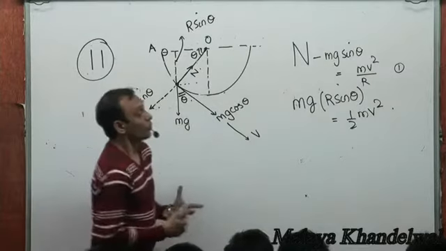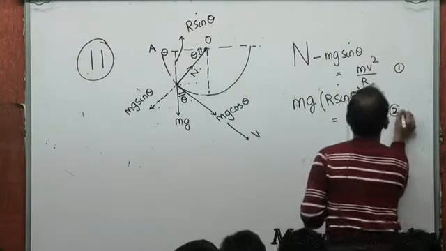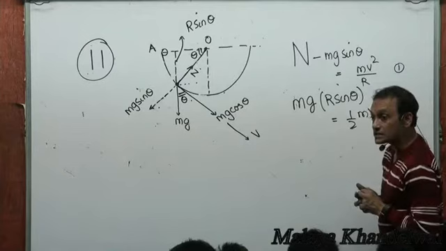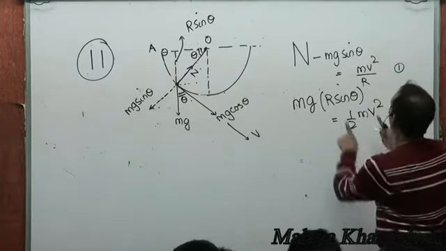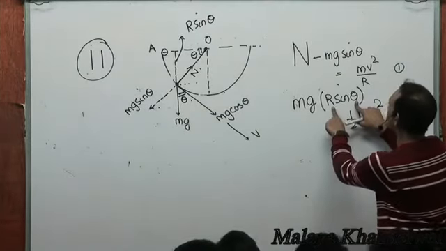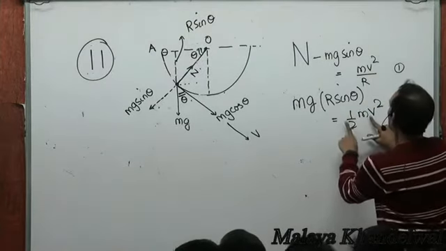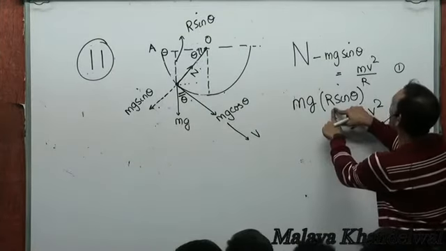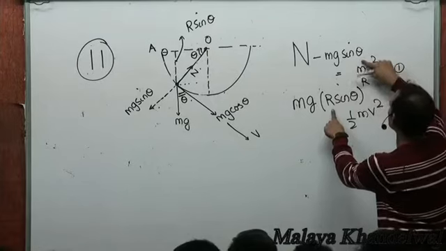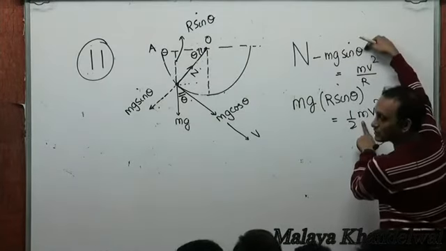Obviously then, all that you need to do here is to eliminate things. mg sin theta will be like half mv squared by r. So this mg sin theta I can write as half mv squared by r.